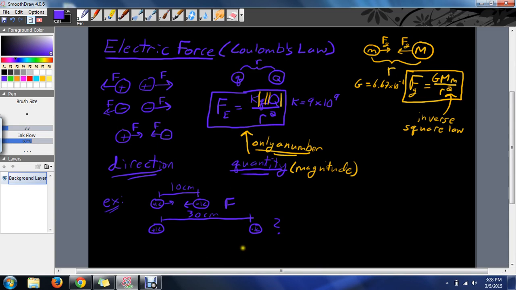Take a second. Hopefully you see that the distance, which I'm calling r, I know it might be uncomfortable to call distance r, but it's okay. r will triple. Which means the force goes down by a factor of 9.